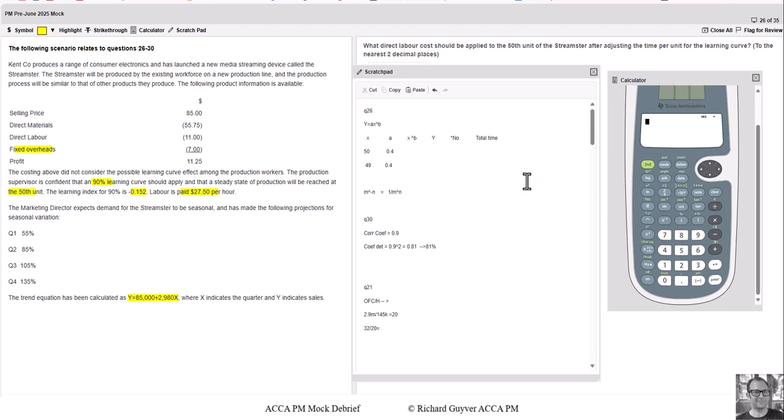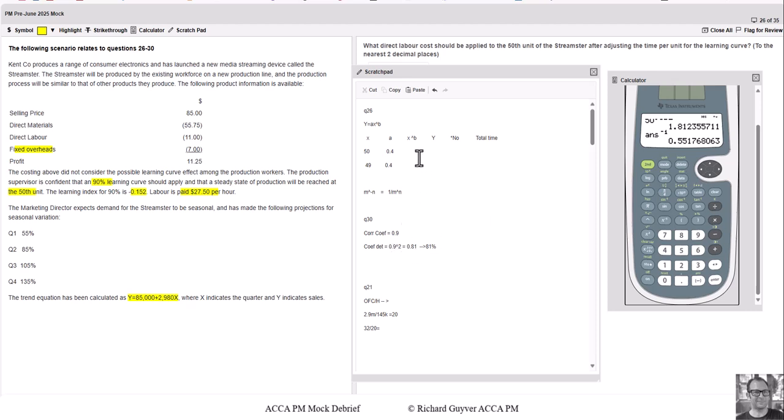So we can't do x to the power of b when b is minus, but we can do x to the power of b using b as a positive, and then we use the reciprocal function, which is x to the minus 1, flips it upside down, and then we get our answer. So x is 50 to the power of 0.152, so that gives me 1 over x to the power of b, and then I use the reciprocal function there, and that gives me the x to the b.